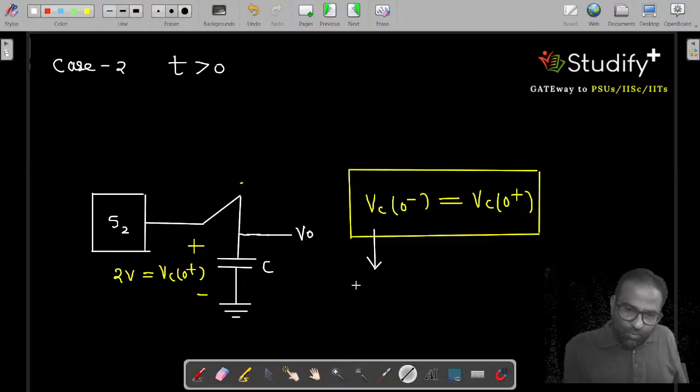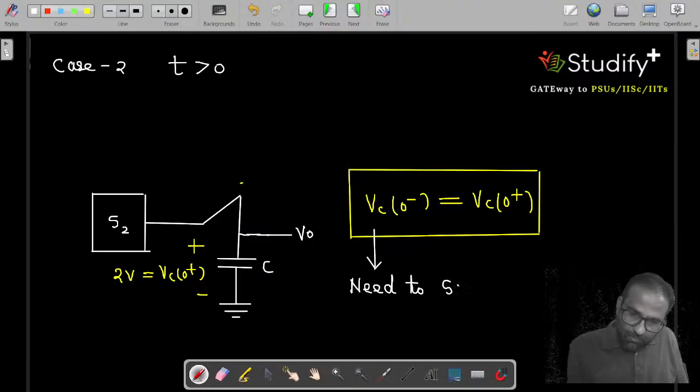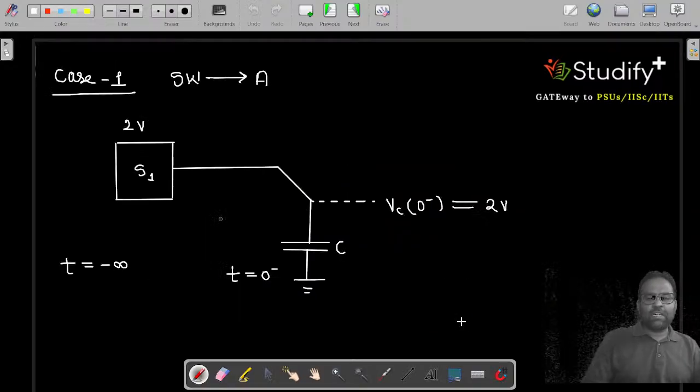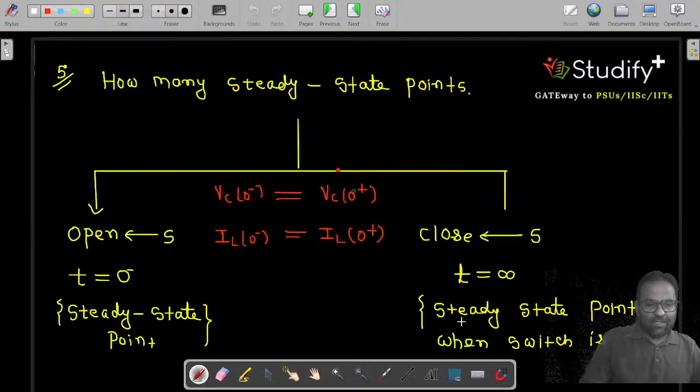Needed to solve the differential equation constant. And this is the total agenda of this Vc0 minus and Vc0 plus.